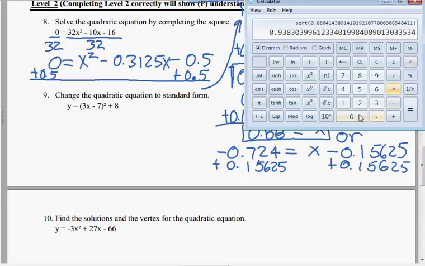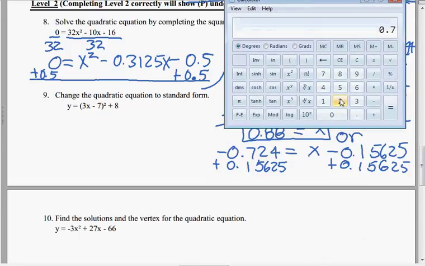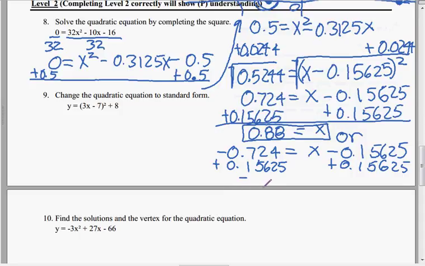I'm going to have to start over. Negative 0.724. I make it negative. Now I add 0.15625. Make it negative 0.56. And I'll call it negative 0.57 equals x. Okay, I have two possibilities.